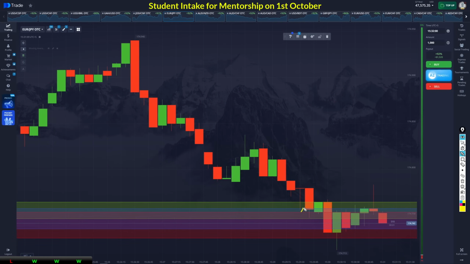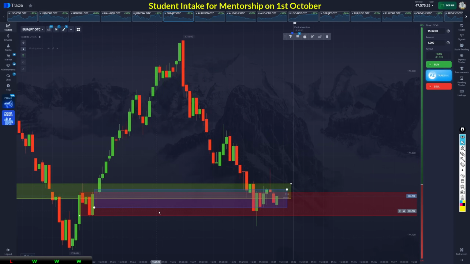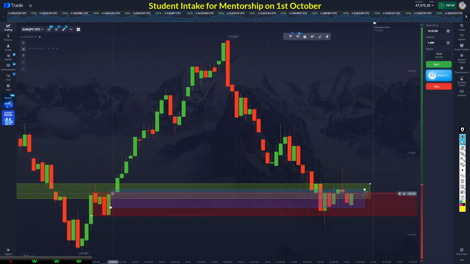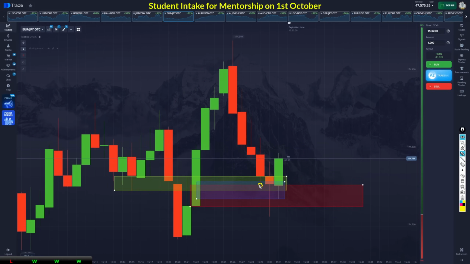You see the reaction from this area. If this lines up with your entry zone that you marked, okay, the overlap of these two will be the best area to get into your trade. This is the overlap of this area. And see, this area was where I put multiple entries right here.